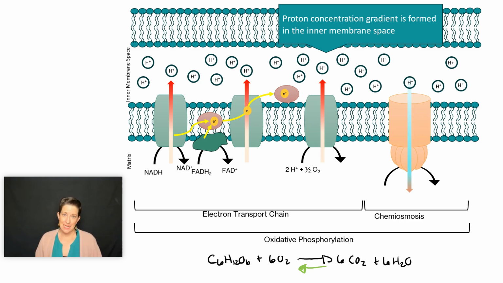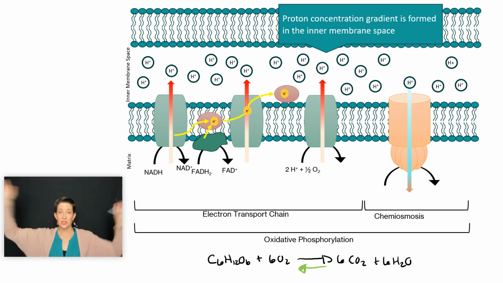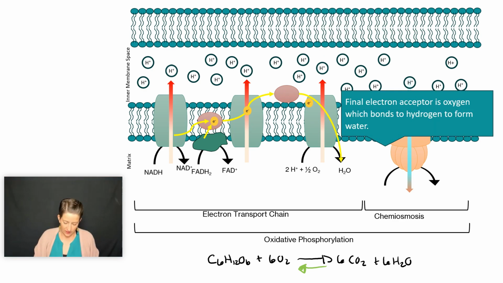What occurs is oxygen is the most electronegative species in this process, which means it wants the electrons the most. So as these electrons are moving through these proteins and shuttling protons against the gradient into the intermembrane space, oxygen's like, ha ha, come to me. Very dramatic.